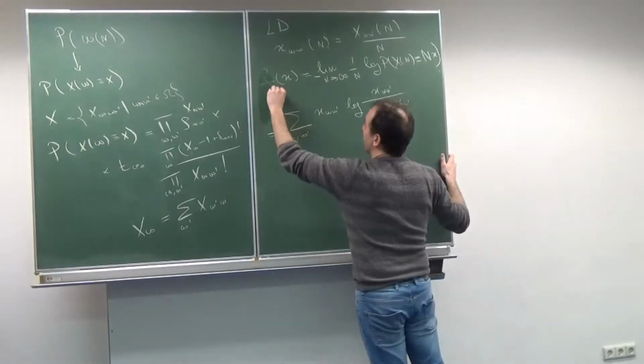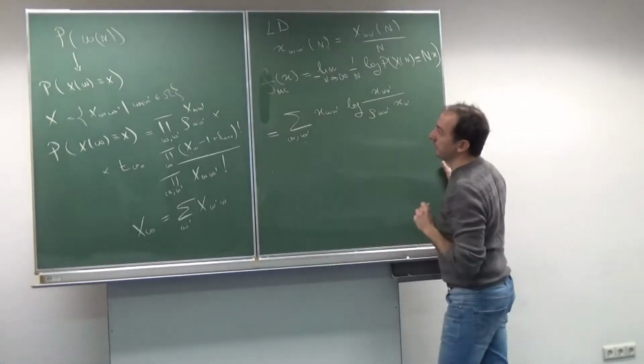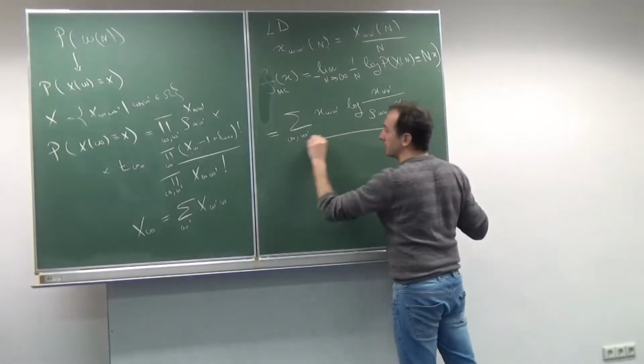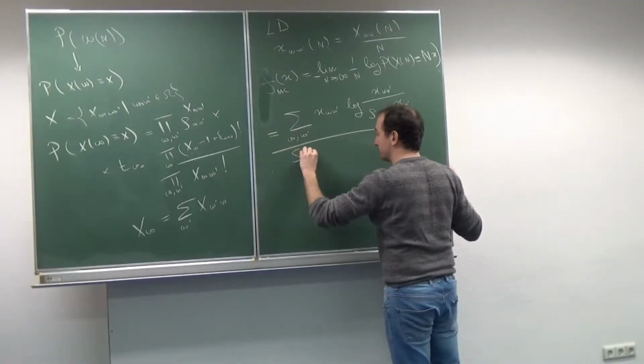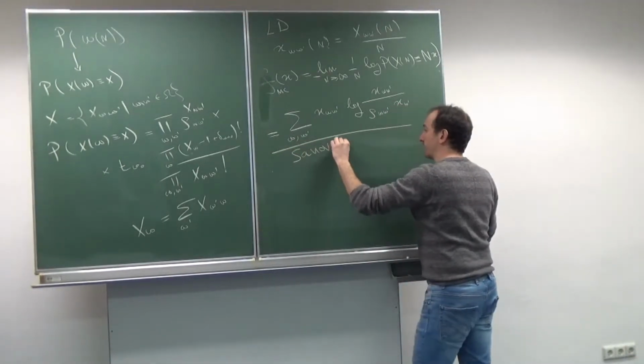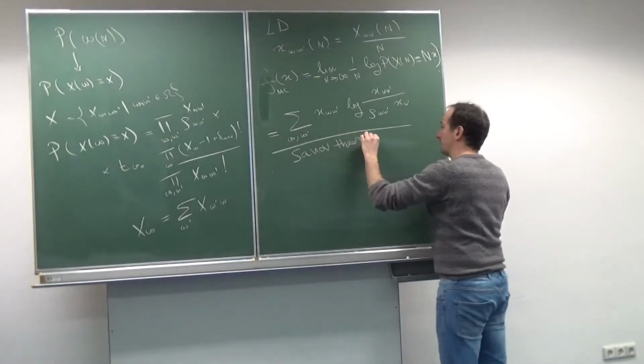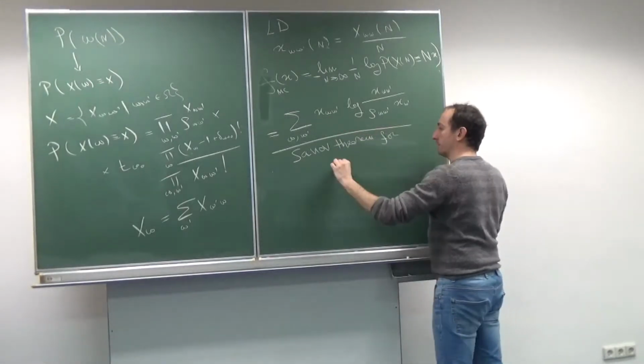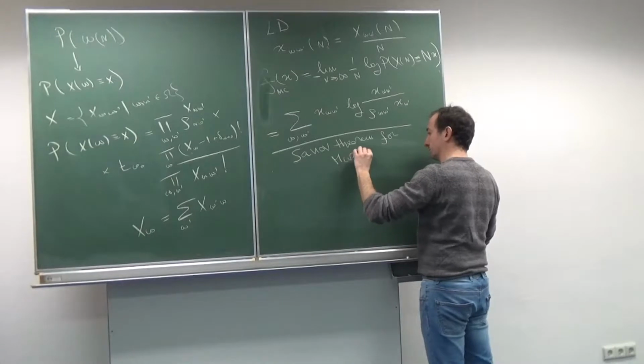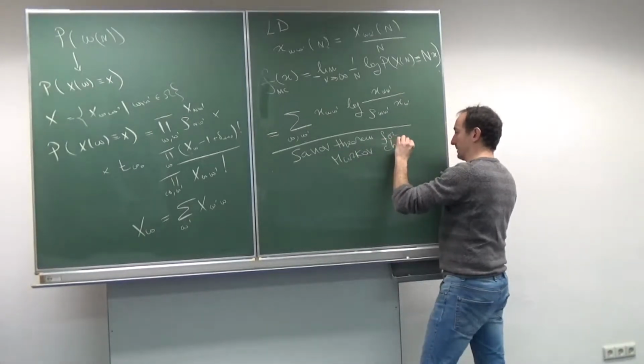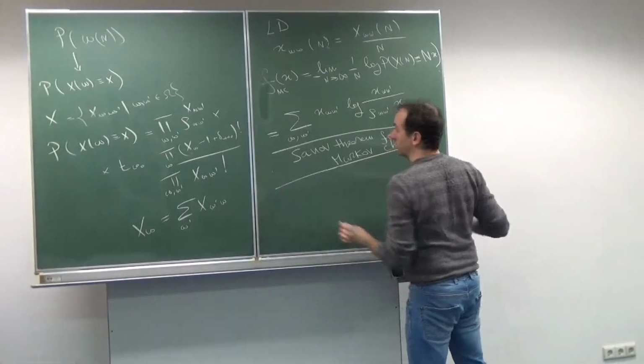So this is for Markov chains, and this is called Sanov theorem for Markov chains.